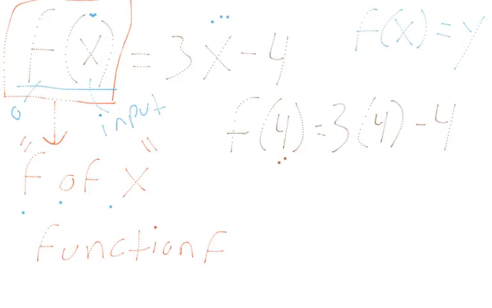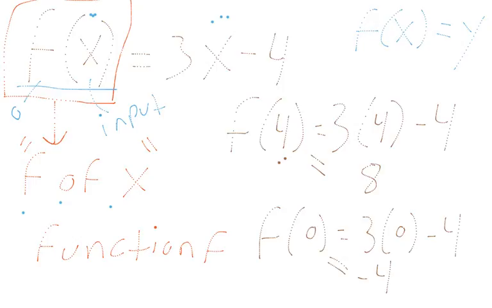So that's 12 minus 4, that's 8. So f of 4 equals 8. In the same way, f of 0 would be 3 times 0 minus 4, so that would be -4. Whatever I put into the x, that's my input, I do the same to every x I see, which is what happened here and here.